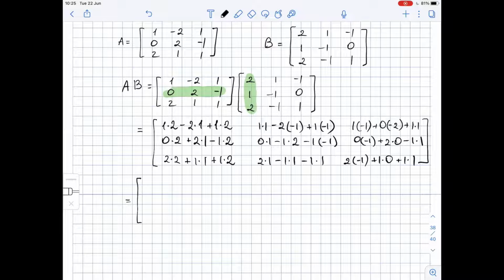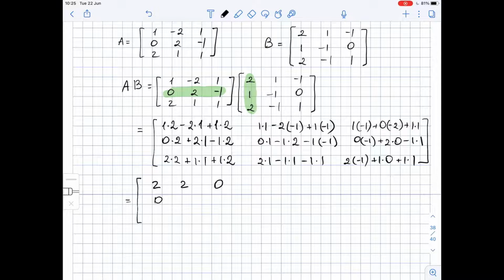So we get 2 minus 2 plus 2, so just 2. Then 1 plus 2 minus 1, so just 2. Then negative 1 plus 0 plus 1, so 0. Then 0 plus 2 minus 2, so 0.